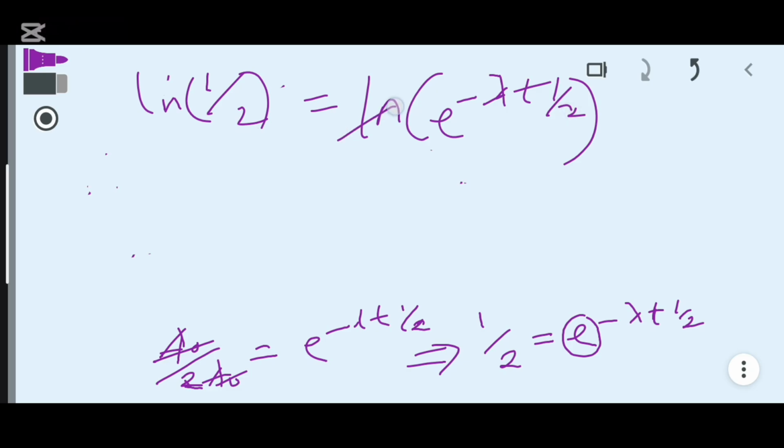So the ln will cancel out the exponent. We now have ln 1 over 2 equals minus lambda t half-life.